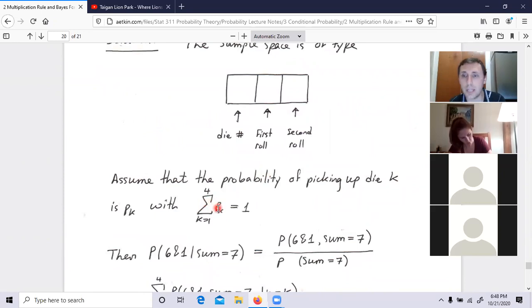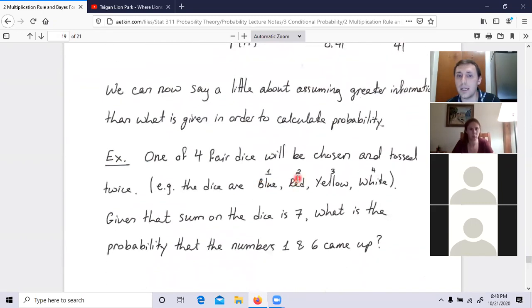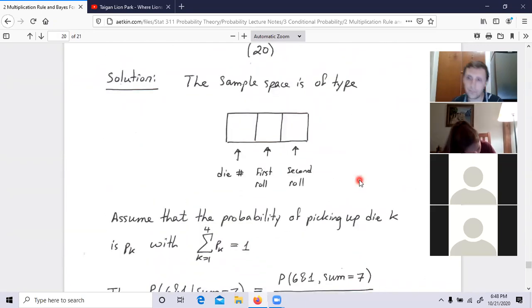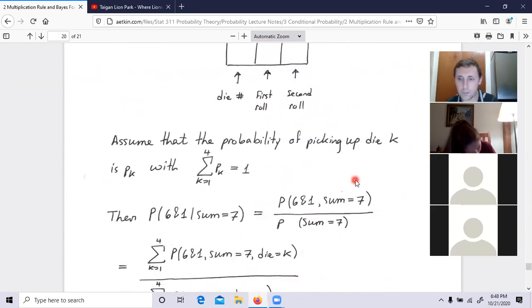So then we're assuming that one of those dice is going to be picked, each with probability P1, P2, P3, P4, right? And the summation of those probabilities is 1. That gives us preferences, right? Maybe if I always decide to pick the red die, that means that red is 1 and everything else is 0. Good? So it gives me all possible preferences whenever I perform it.